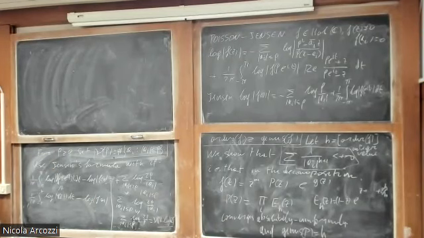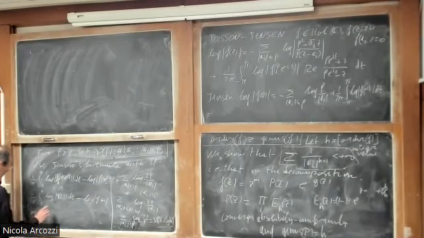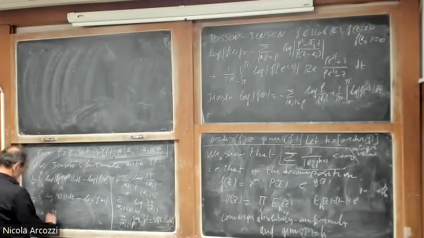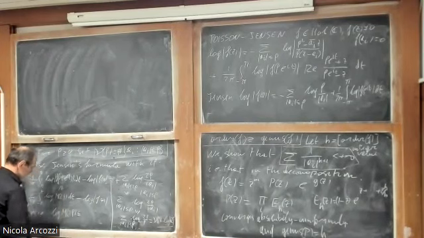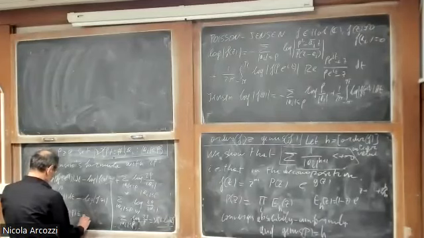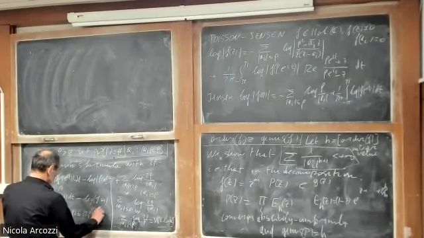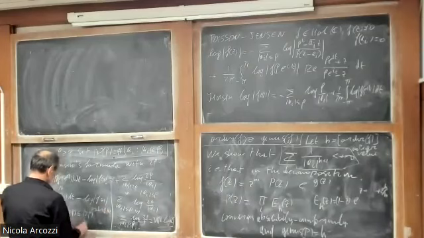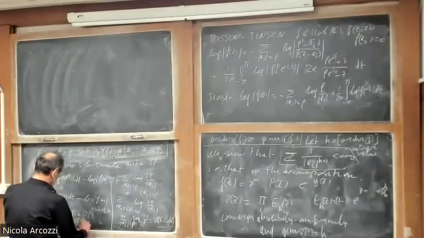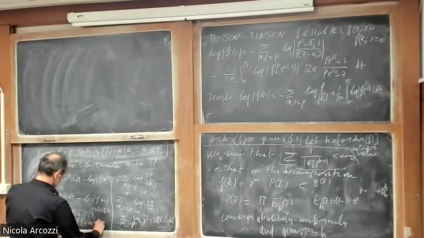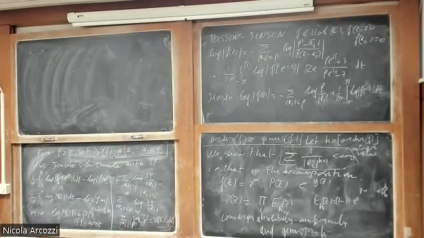Now, using the growth, we know that for all epsilon bigger than 0, the logarithm of the maximum modulus M(2 rho) is less or equal than 2 rho to the order of f plus epsilon, if rho is large enough. I mean, that's the definition of order.